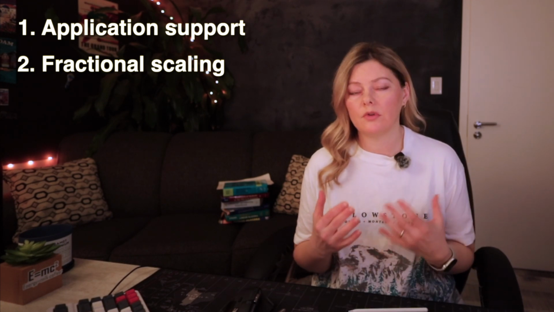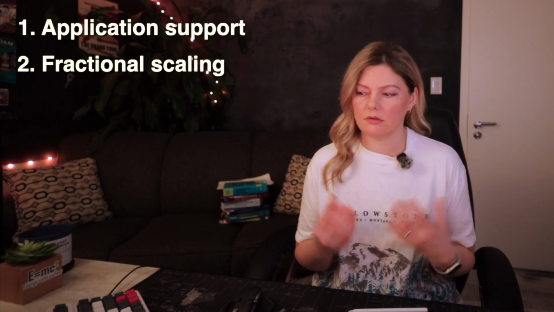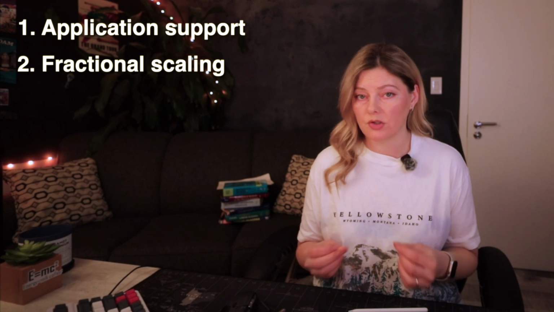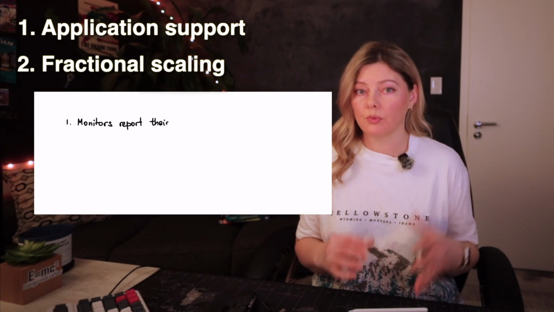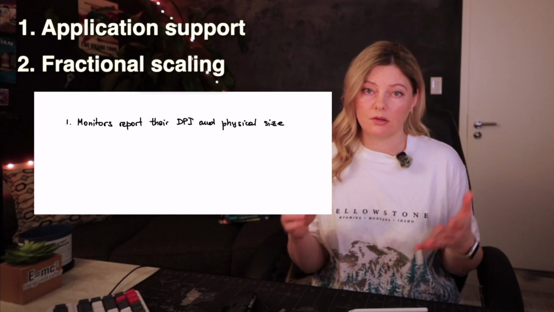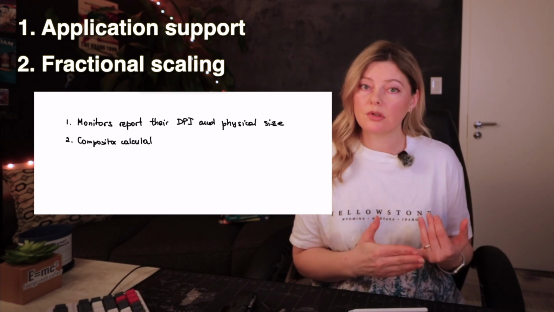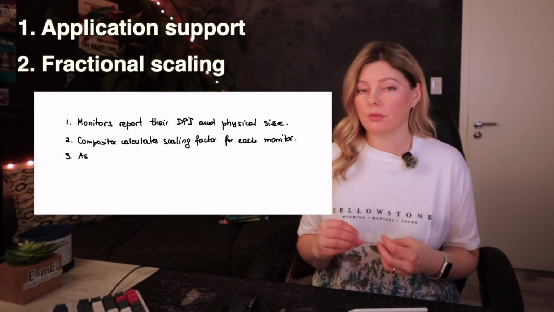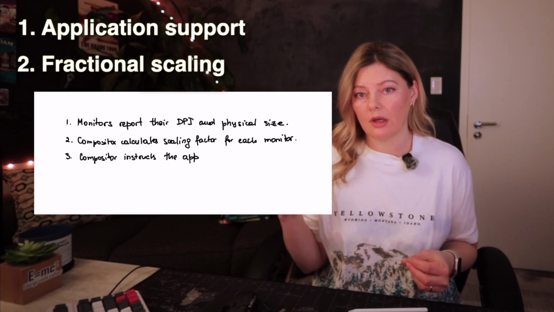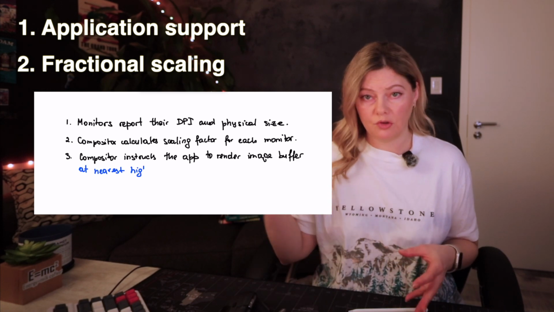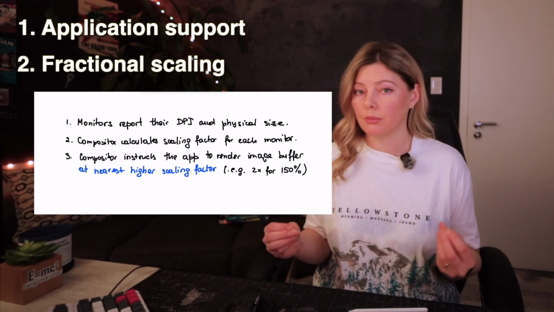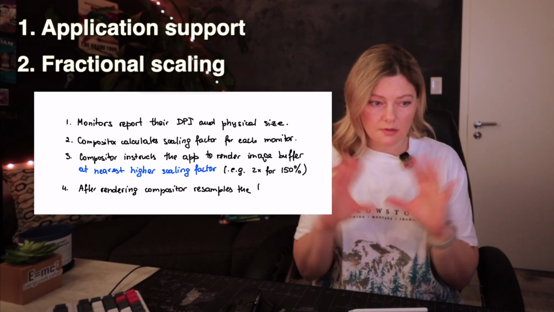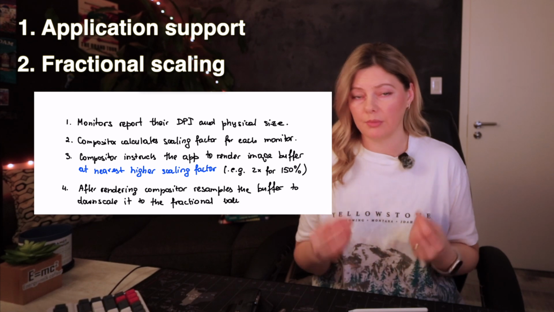So for example, if the rendering requires fractional scaling, say 150% or 1.5, if you do decide to turn on fractional scaling, what happens is that each monitor will report the DPI and physical size to the Wayland compositor. The compositor will calculate the scaling factor based on the DPI value provided, and then it will instruct the application to render the image buffer at the nearest higher scaling factor, so say 200%. Then after rendering, the compositor resamples the buffer to the 150% scaling. And so that's roughly how fractional scaling is implemented under Wayland.